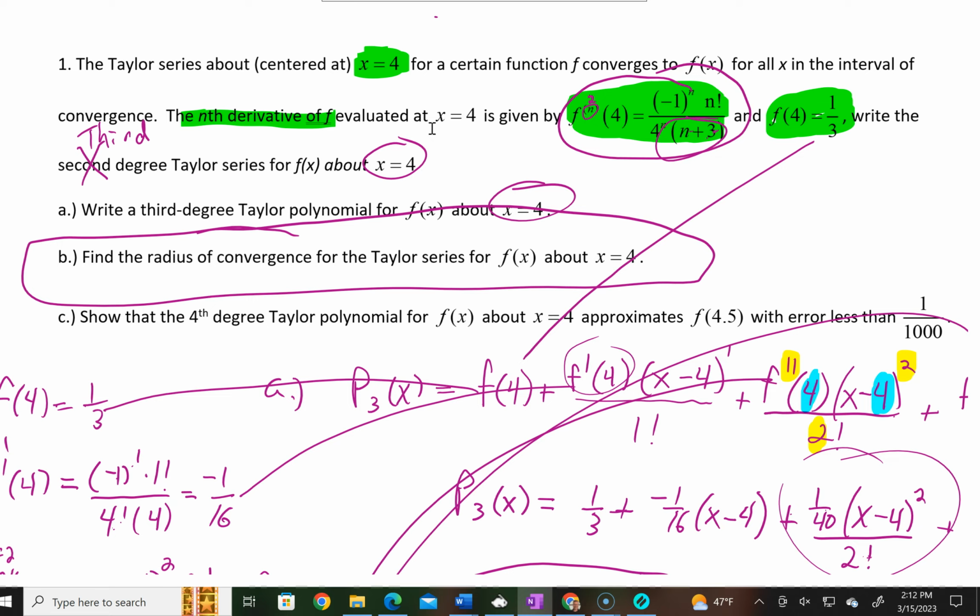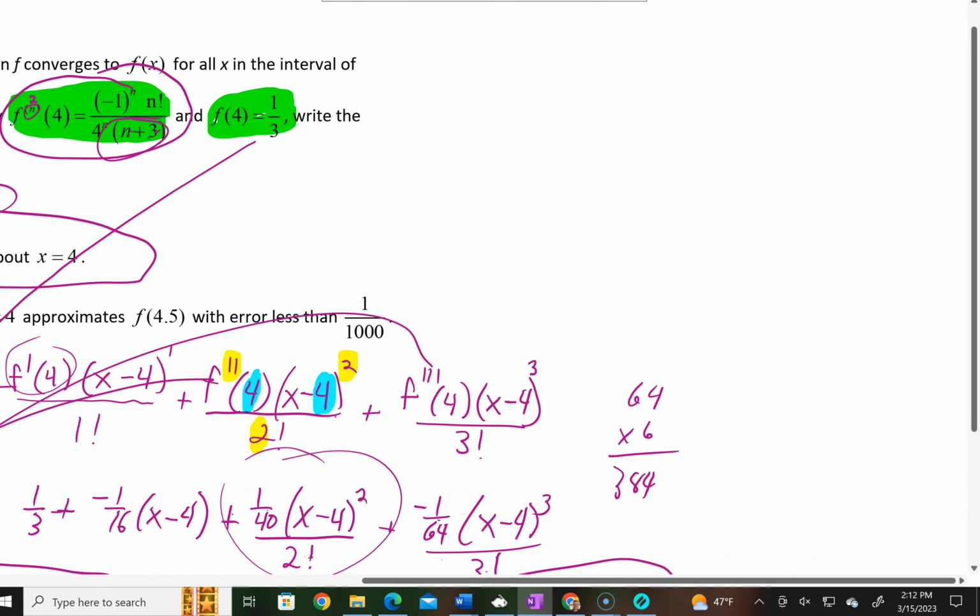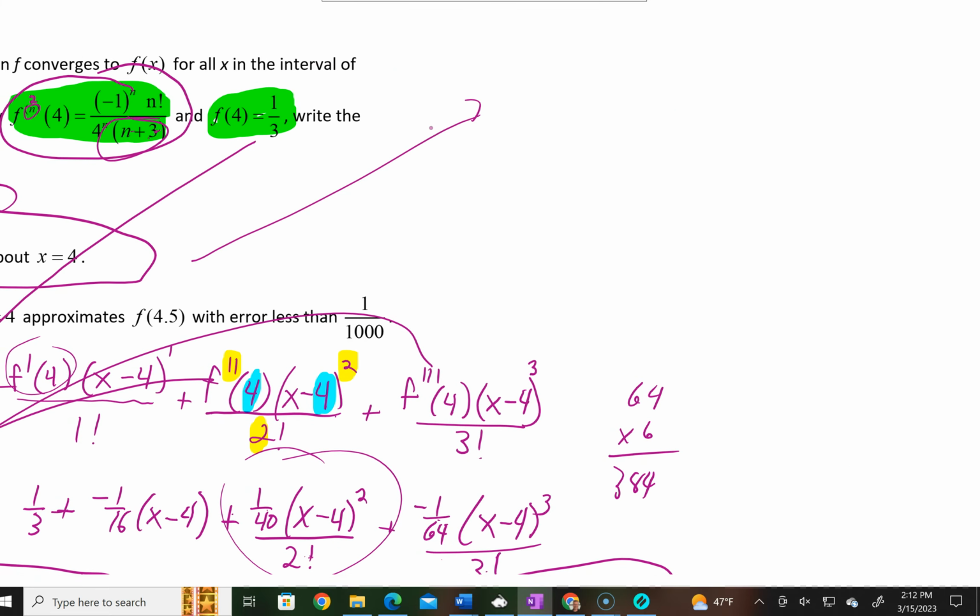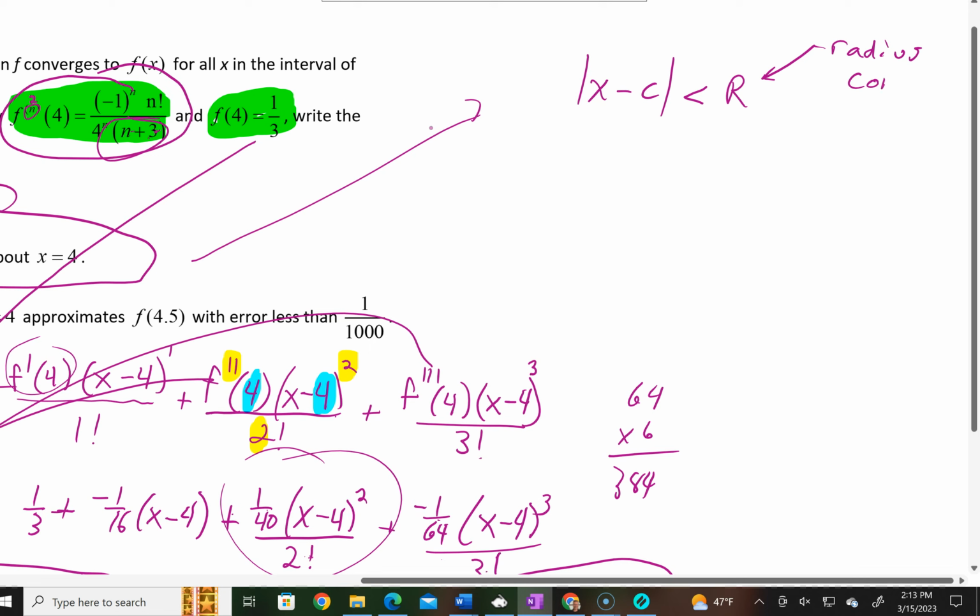In fact, what we've seen time and time again, where I first brought that up, is you could begin to do a ratio test and eventually get some answer like this, and this would be your radius of convergence. So if we could do the ratio test to find the interval of convergence, when we get to here and we isolate that absolute value, then we will know what the radius of convergence is.